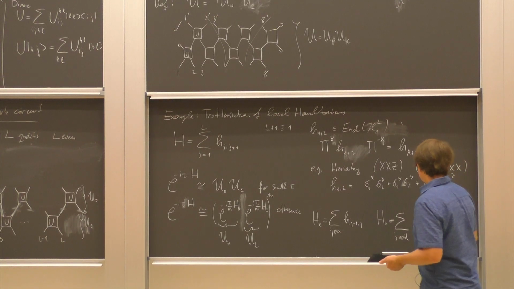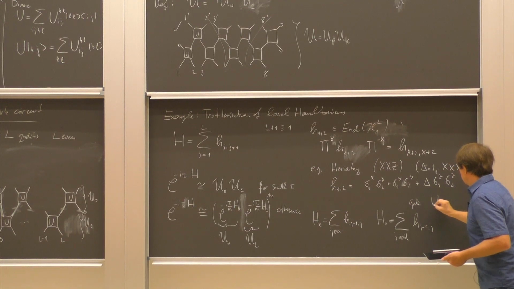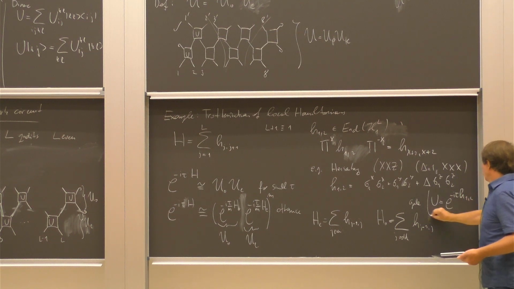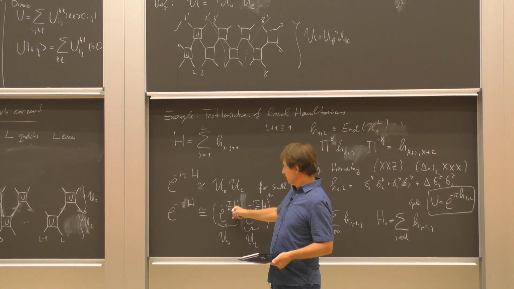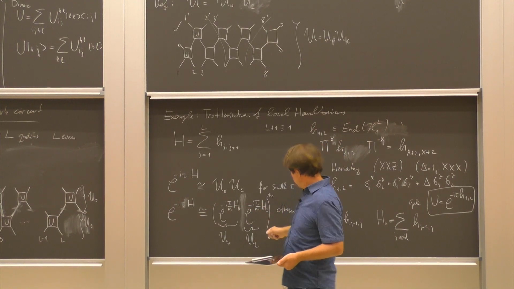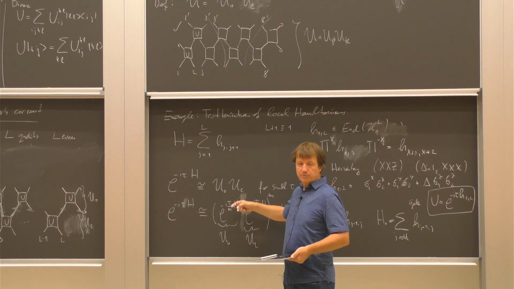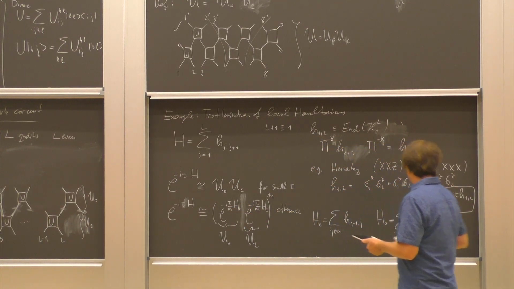So now you see that our gate is just e to the minus i tau h12. I mean, this is now a sum of commuting terms, right? H odd contains commuting terms. So the exponent of a sum of commuting terms is a product of exponents. And this product of exponents is a product of gates.